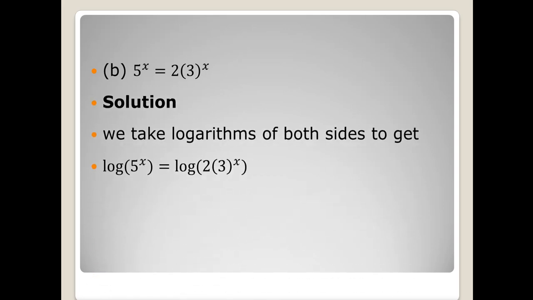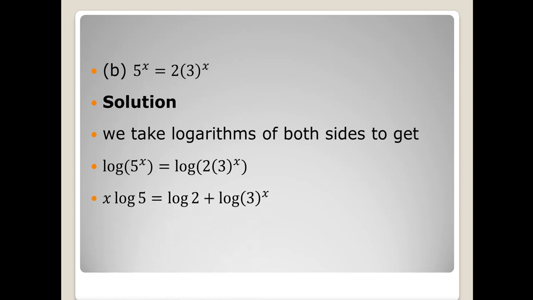So log of the left side equals log of the right side. Now if we look at the right side of this equation, we have the log of a multiplication of two numbers, 2 and 3 index x. So if we apply the first rule of logarithms, this log can be written in terms of 2 logs.